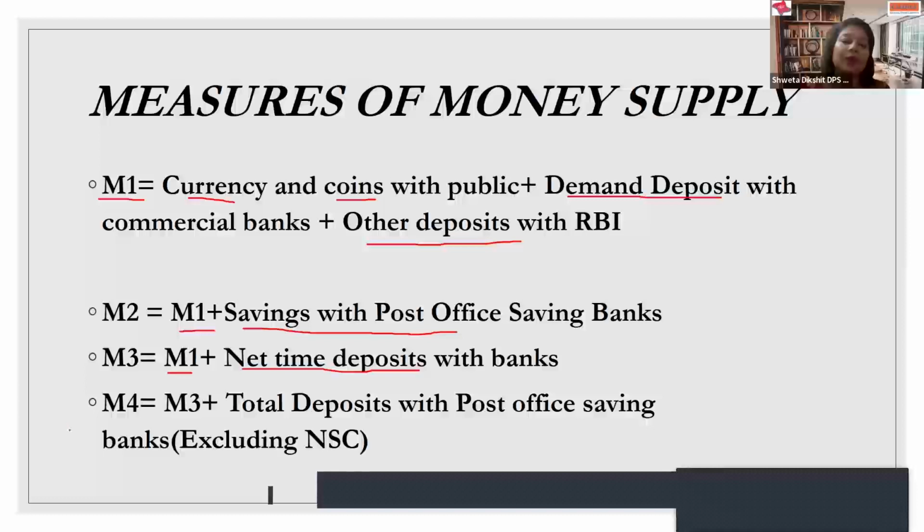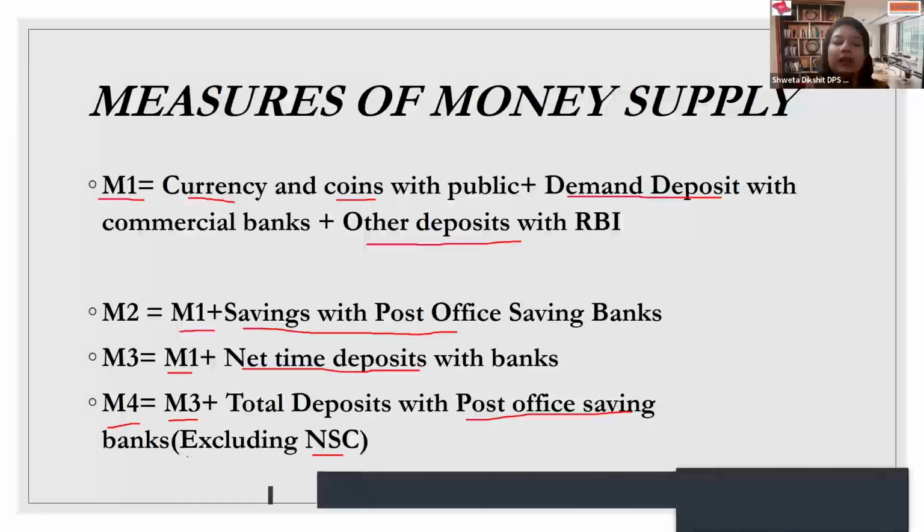Then comes M4. M4 is an even broader concept. In fact, it is the broadest concept. Here, it is M3 plus total deposits with the post office saving banks. Remember, NSCs are not included in it. NSCs are National Savings Certificates, which are not part of M4.